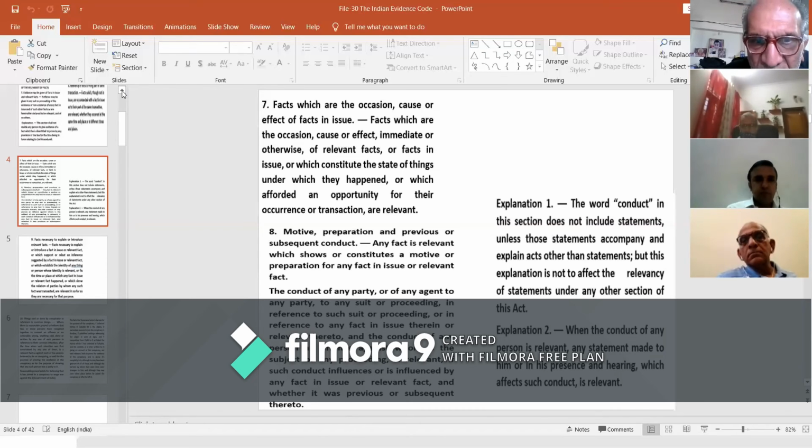Then further, conduct of any party or of any agent to any party.